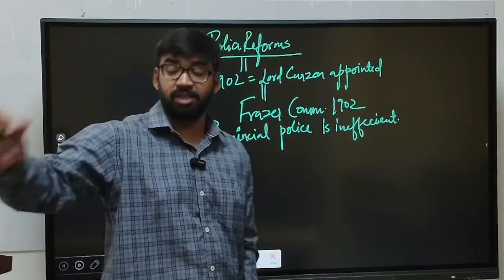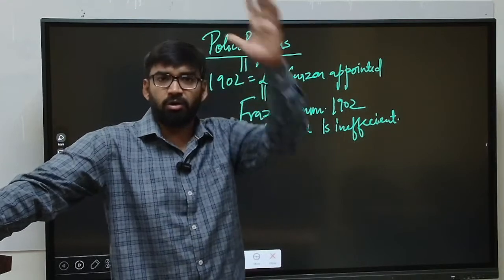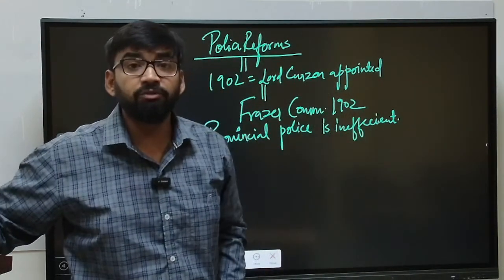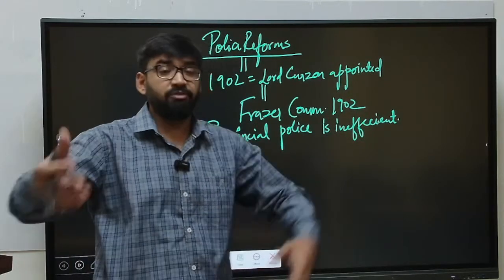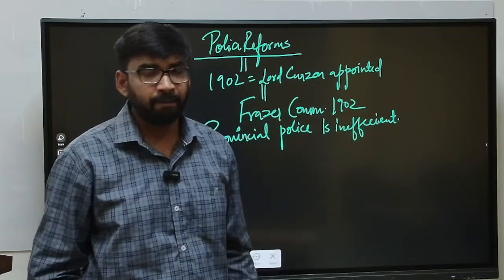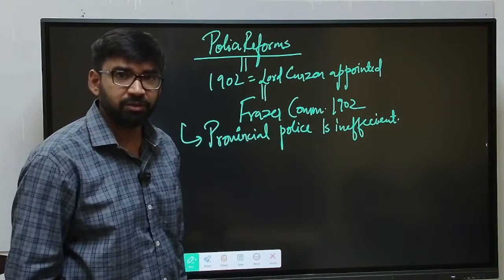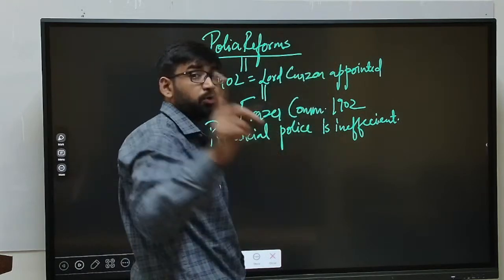And Lord Curzon said to the public that we need good law and order, and for law and order the public will also give their consent, because everyone needs good, effective law and order. Provincial police is inefficient. So what did he do? He said we need to train the police.